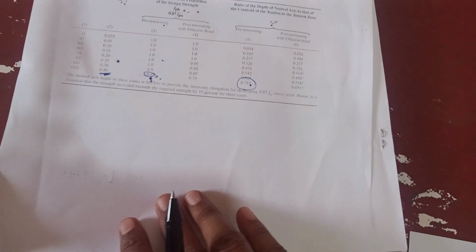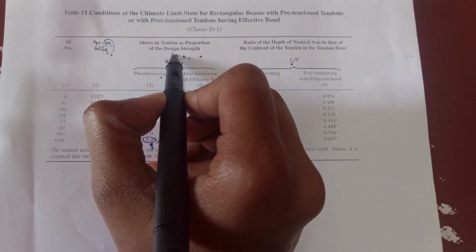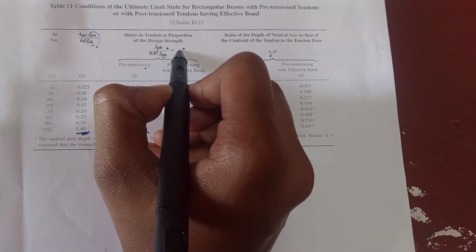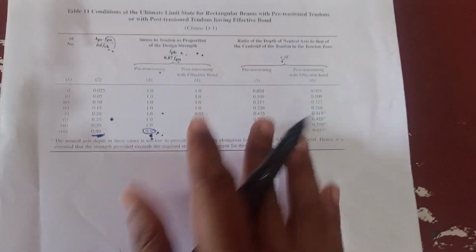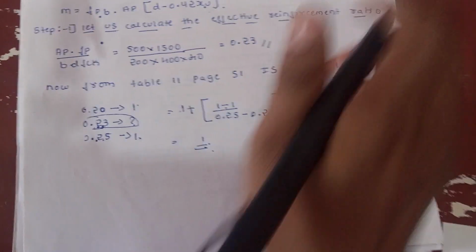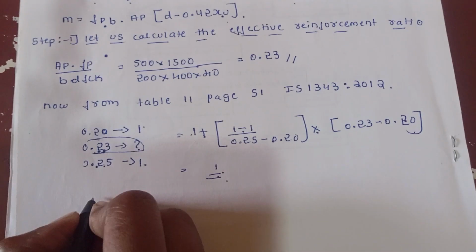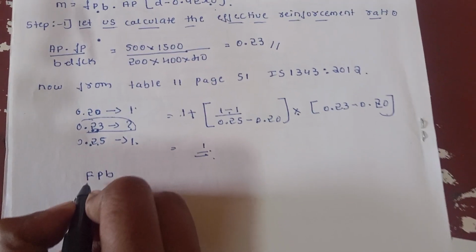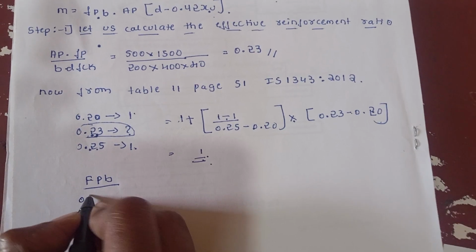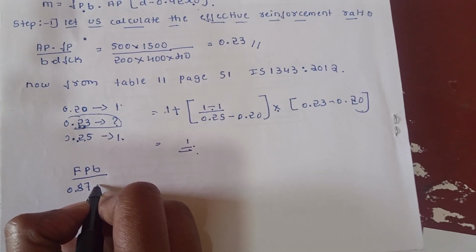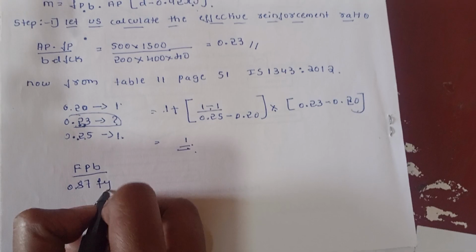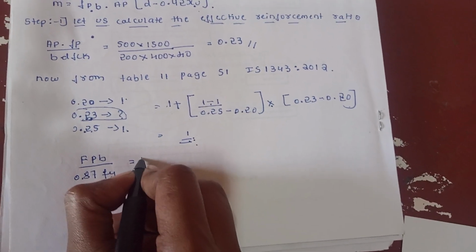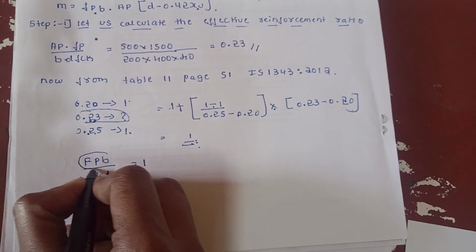Therefore FPB divided by 0.87 into FPU equal to 1. We got the interpolation value as 1, and we want the FPB value.